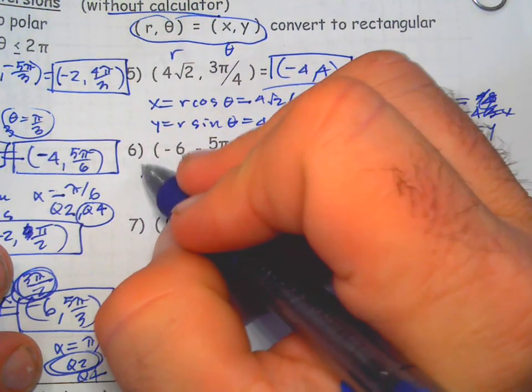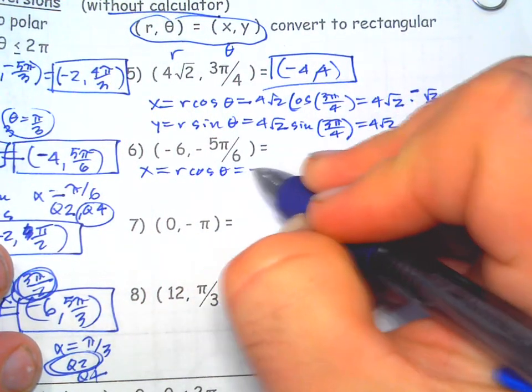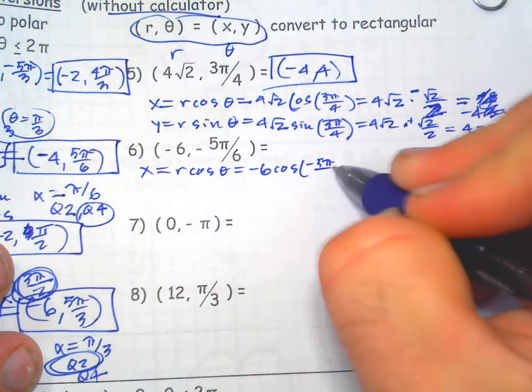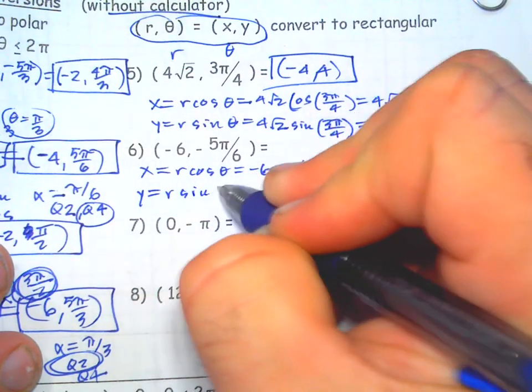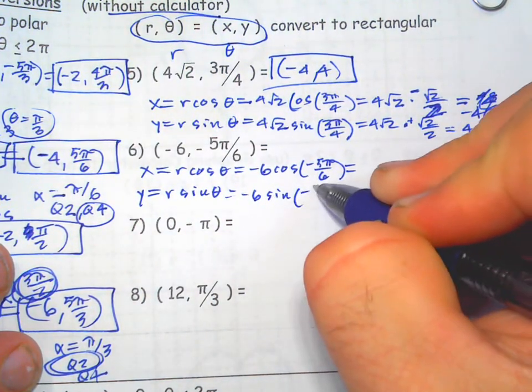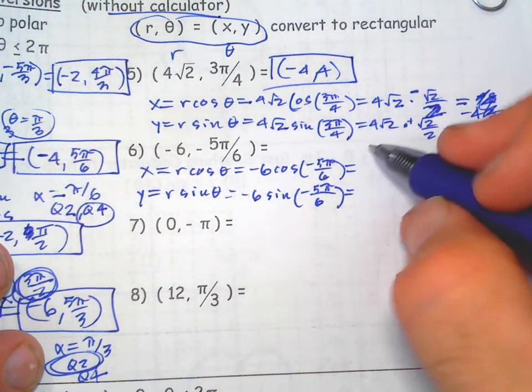Next one, x equals r cosine theta. So negative 6 times cosine of negative 5 pi over 6. And y is going to equal r sine theta. So, I mean, you just memorize those formulas. We're going to use them a ton.